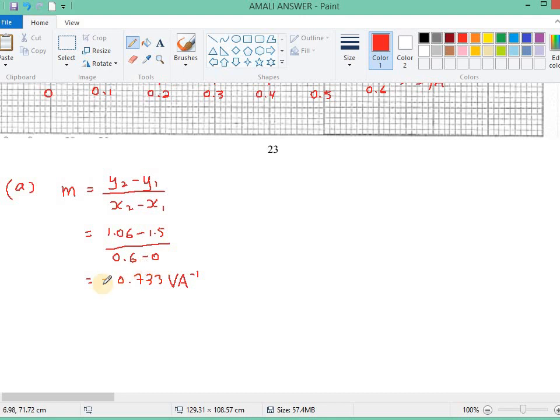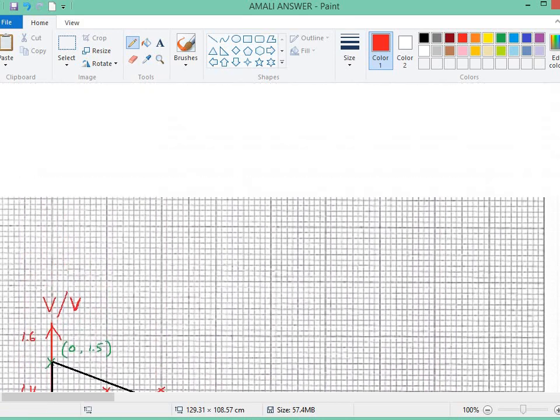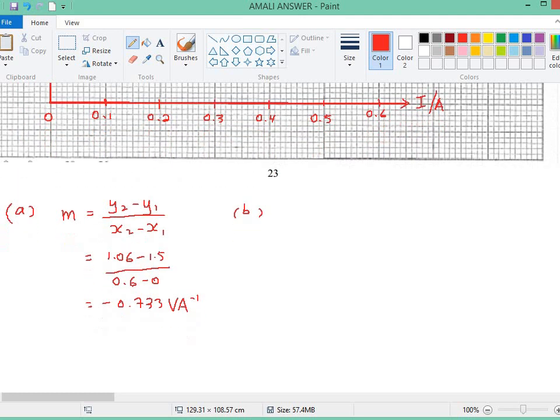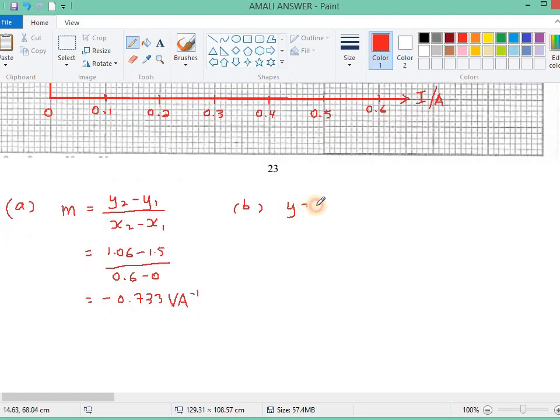Okay, after that, B. The question wants you to write a linear equation of the graph and relate it to the voltage drop. Okay, so y equals mx plus c. So y is V, m is the gradient negative 0.733, x is the current, plus c, the y-intercept, is 1.5.